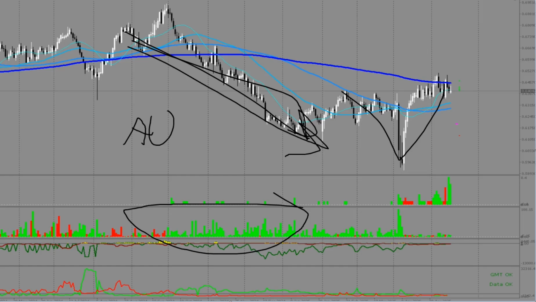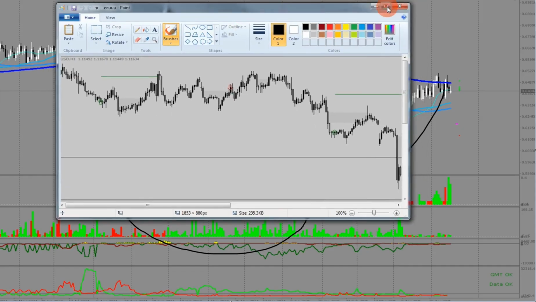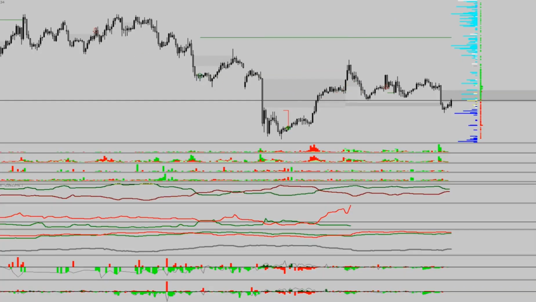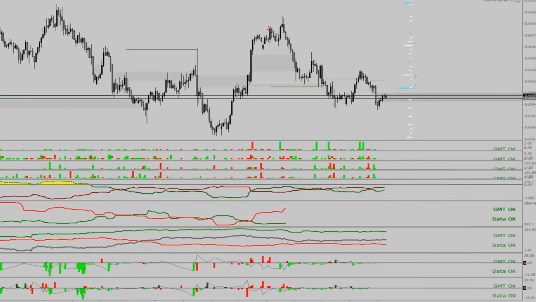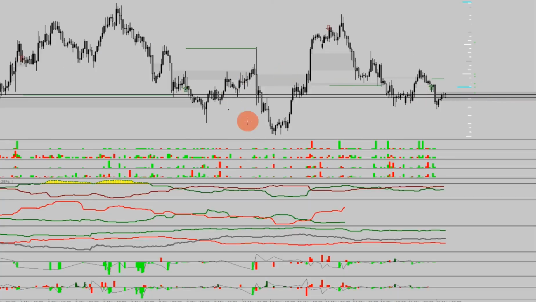Now let's look at euro dollar on the lower time frames. And now let's look at Australian on the lower time frames. So yeah, there is correlation. Not exactly, but there is some. You see?